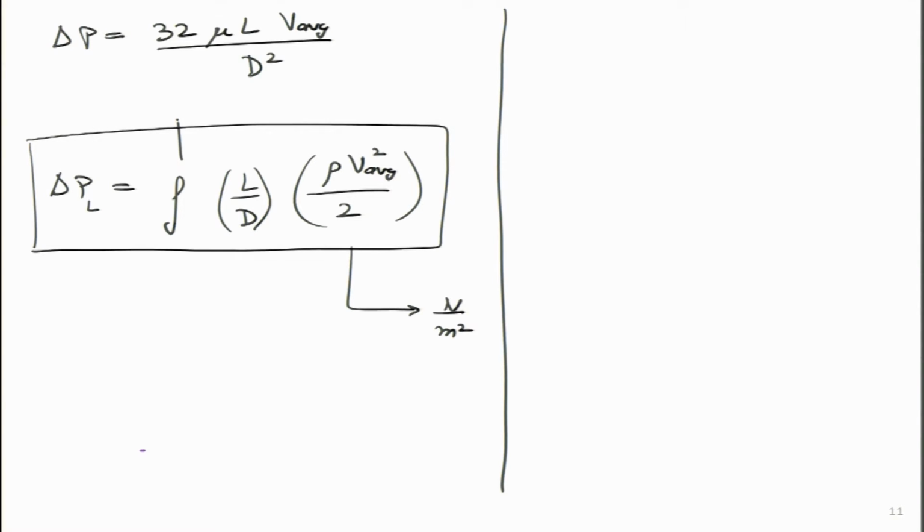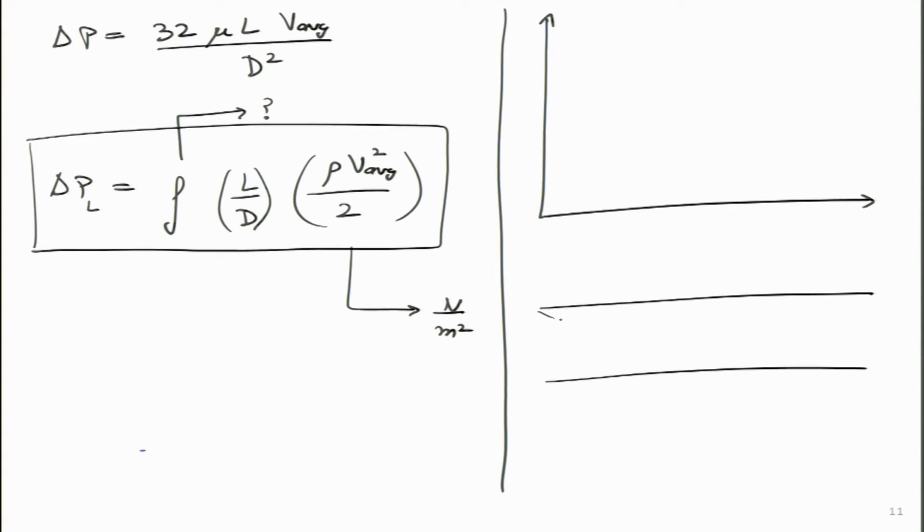And where did we look at this F earlier? This is the friction factor. If you remember, we had looked at it earlier in the case of developing flow. So, if this is my velocity boundary layer and this is my thermal boundary layer, if you remember, we had looked at the value of F as a function of x. So, this is Fx.